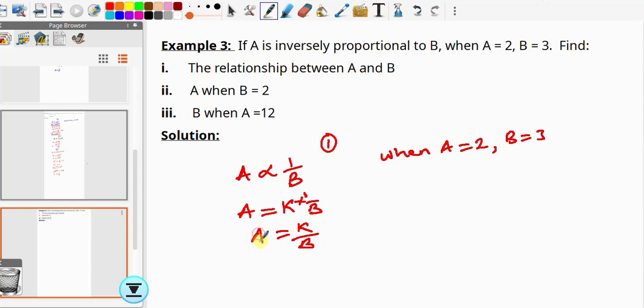Right? Now let's substitute this value for us to have our constant. We have our A as 2. Our K, we don't know. That's what we are looking for now. B equal to 3. Cross multiply.